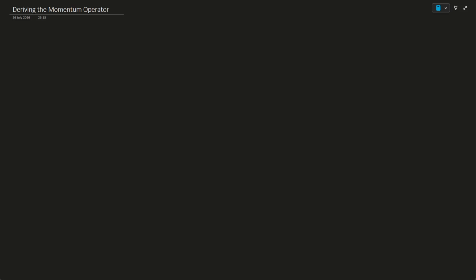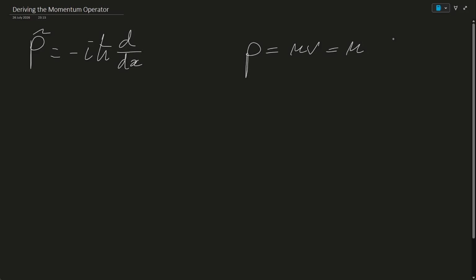It is in a number of QM textbooks. You kind of just get told that we have this p hat, which is minus i h bar times the position derivative. This seems a bit arbitrary. I mean, obviously you're somewhat aware that in classical mechanics we have a momentum, which is mass times velocity, which is then mass times the spatial derivative, dx/dt, the temporal derivative of space.